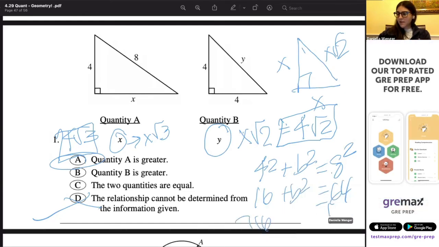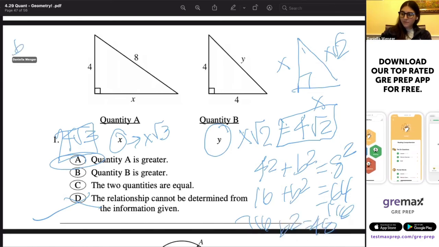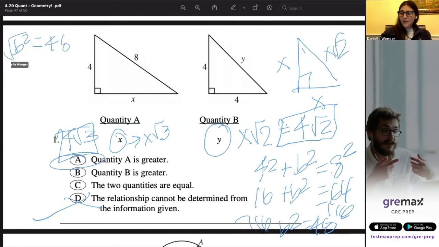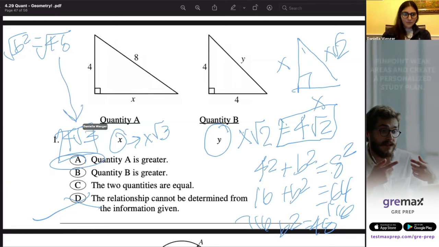Subtract 16 from both sides. b squared equals 48. I'm just continuing up here. And then you can break down the square root of 48, and that ultimately becomes 4 root 3.